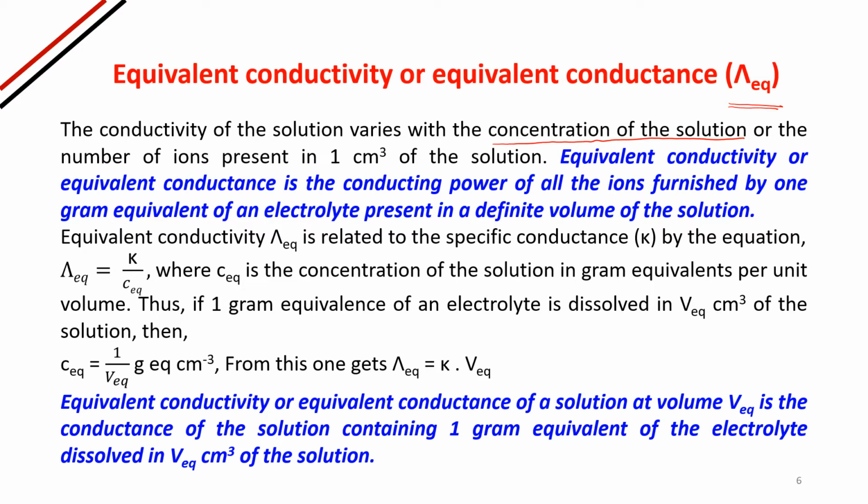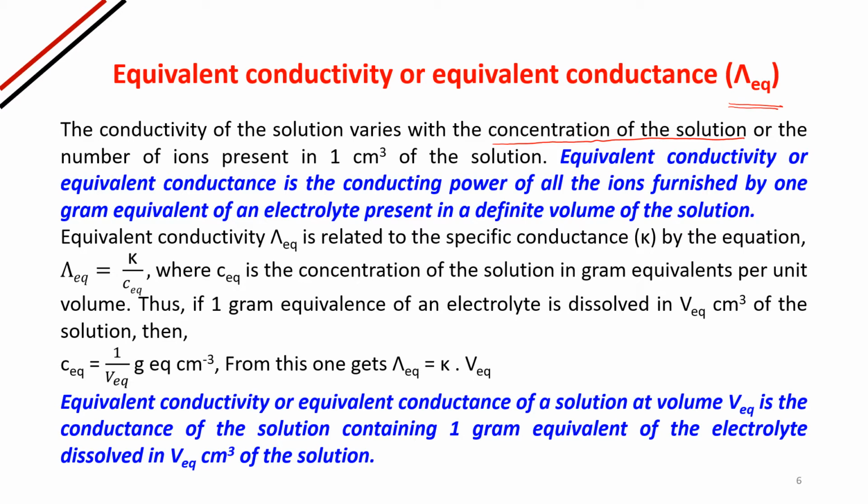Now, what is equivalent conductivity or equivalent conductance? It is the conducting power of all the ions that is furnished by 1 gram equivalent of an electrolyte that is present in a definite volume of the solution.